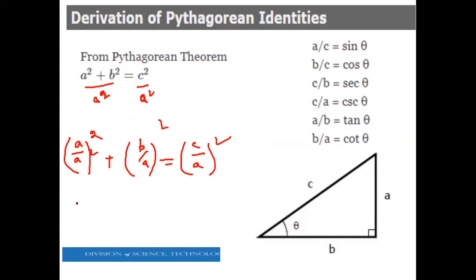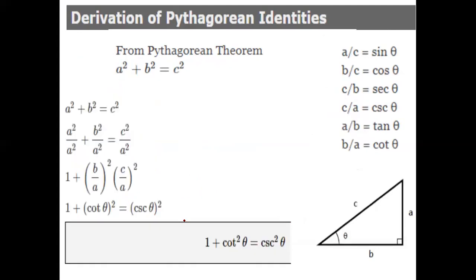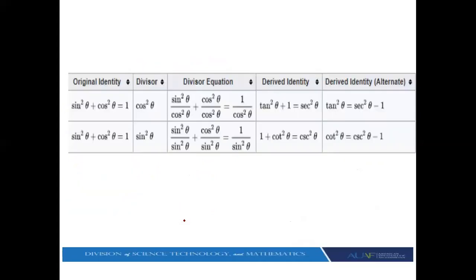So a divided by a is 1, plus b by a is cotangent square theta, equal to c by a. We know that c by a is cosecant, so cosecant square theta. So this is the third Pythagoras identity: 1 plus cotangent square theta is equal to cosecant square theta. Correct? These are the Pythagoras identities.